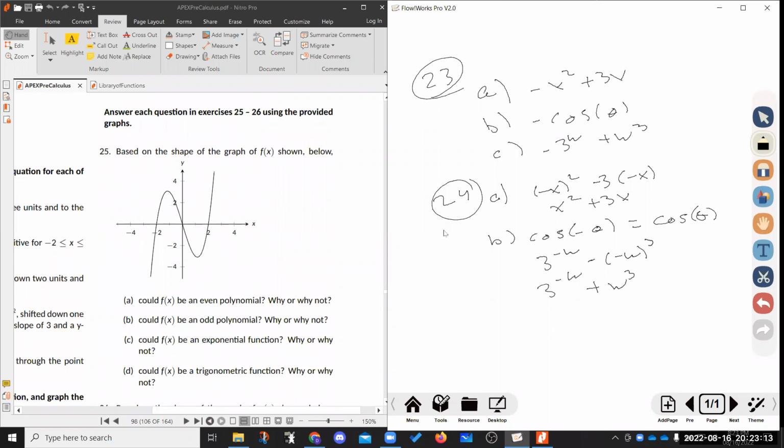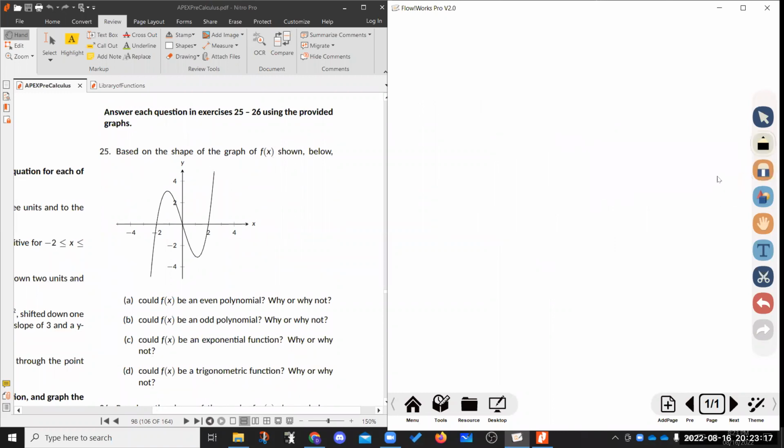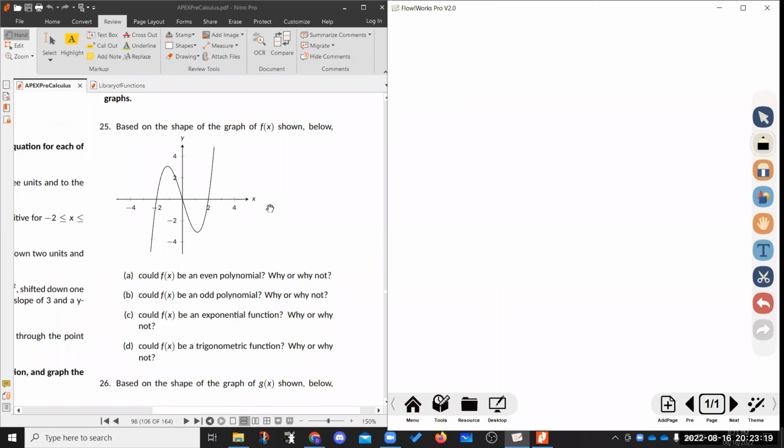Now we're going to look at the graph for number 25 and 26. 26 is on the next page there. Based on the shape of the graph below, could f of x be a polynomial? It could be. Yes, it absolutely could be. It could be cubic, or could it be an even polynomial?